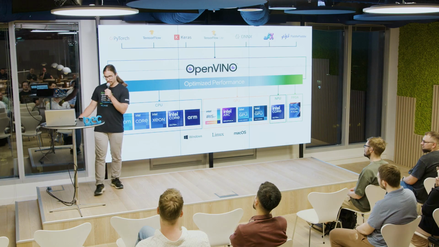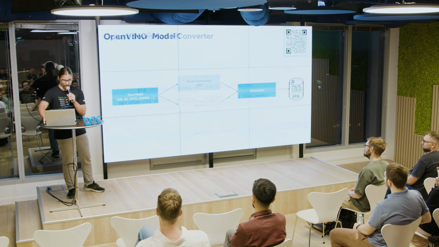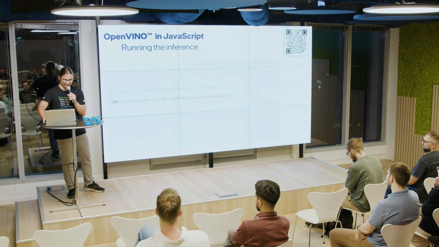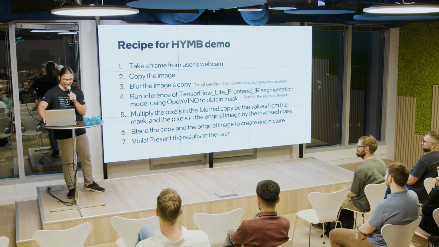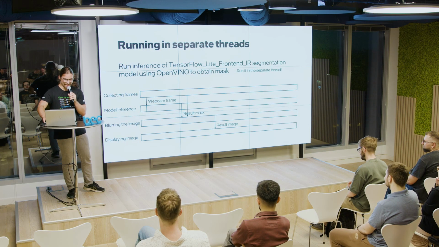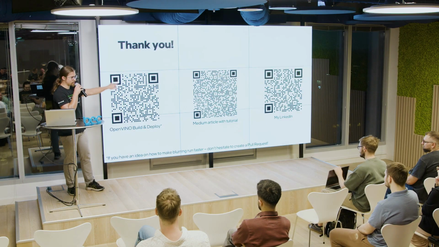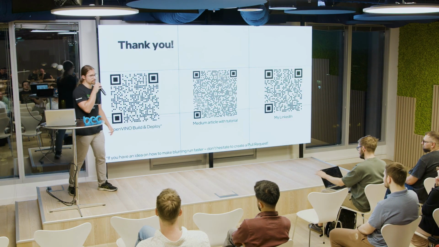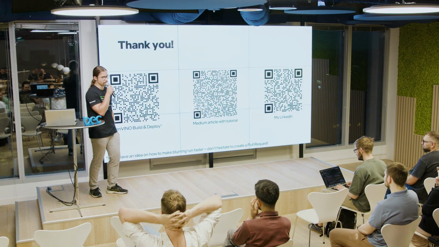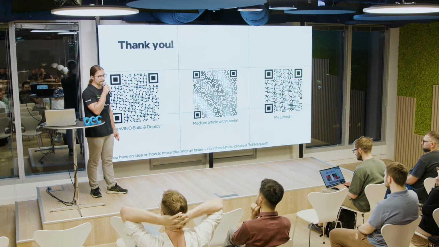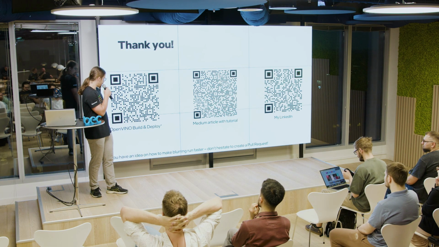Of course. On the last slide, just wait a second. If you visit this repository, there we have a lot of projects focused not only on image processing, but also on LLMs, chatbots, and so on.